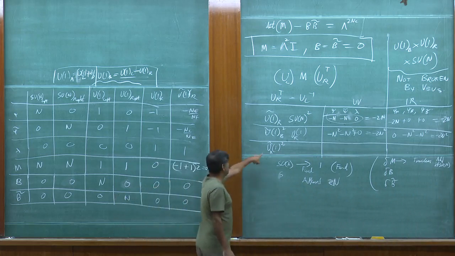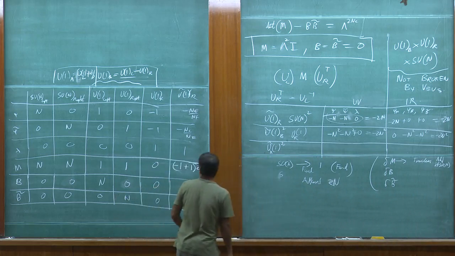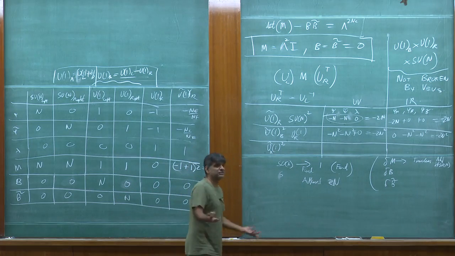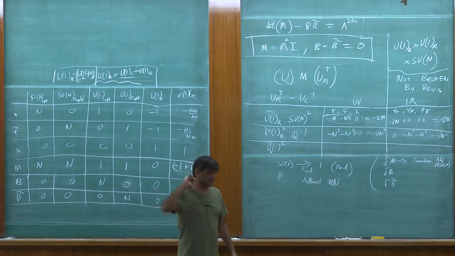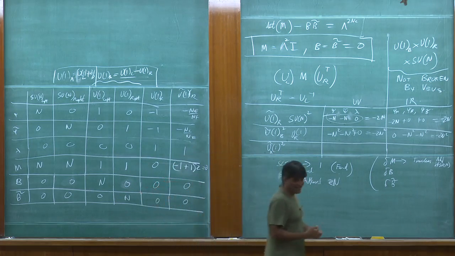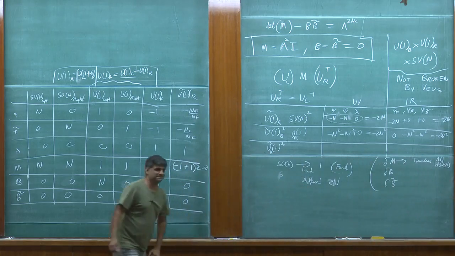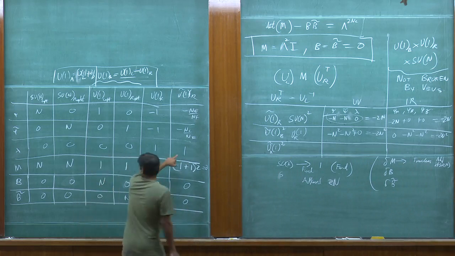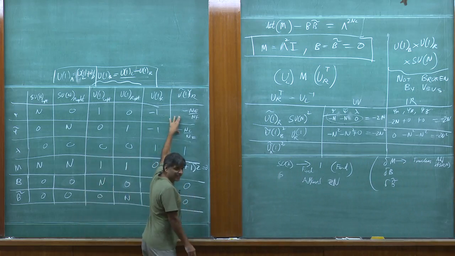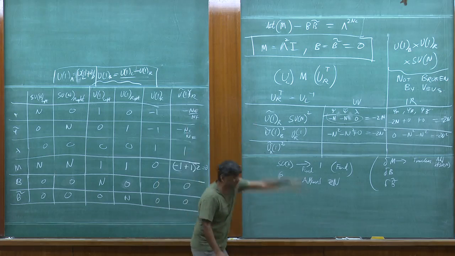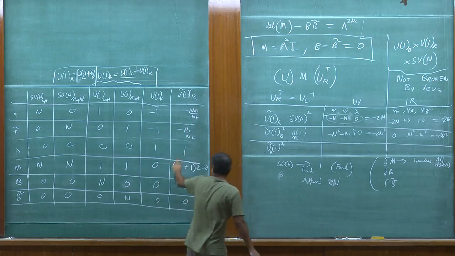Now let us go through this guy. Every field in the game has U1R -1, because all scalars had U1R charge equals 0. So all fermions have U1R charge -1, except of course lambda, which has U1R +1. So these two have -1, and all the composite fields have -1, but lambda has U1R +1.